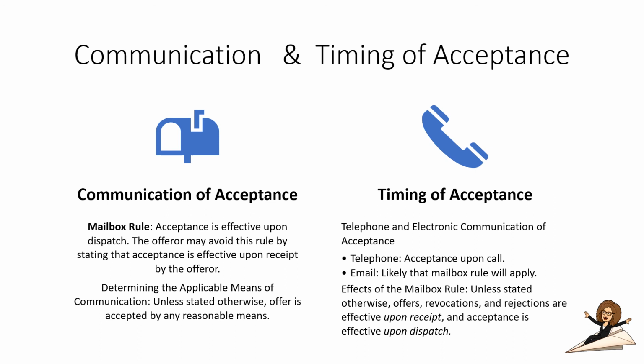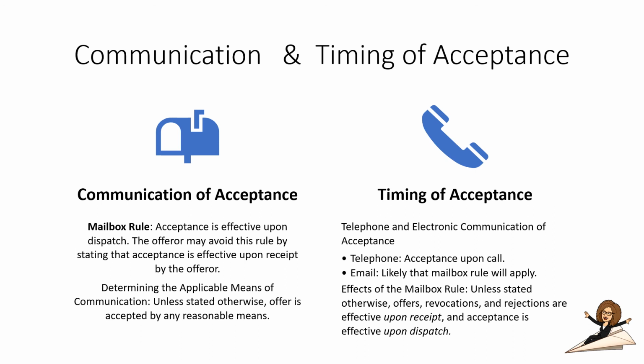Similarly, if while the offeree is pondering the offer, the offeror sends a second email letting them know, I've already sold the book, i.e. that's a revocation. And notice there, the offeror is not writing, I'm revoking my offer. Most people aren't going to say it like that. And remember, revocation doesn't take certain words.